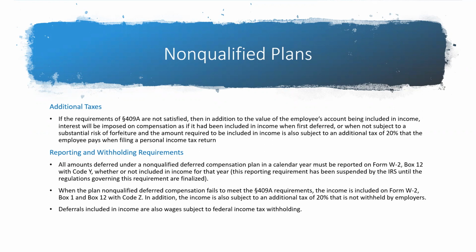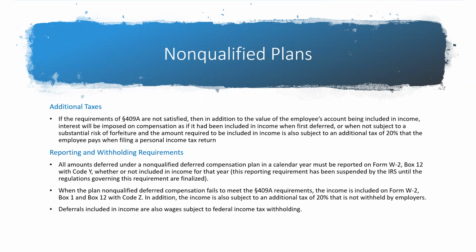Your reporting and withholding requirements. All amounts deferred under a non-qualified plan in a calendar year must be reported on Form W-2, Box 12, Code Y, whether or not included in income or reported wages for that year.